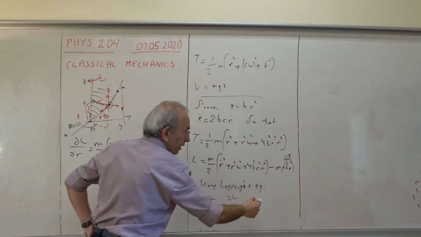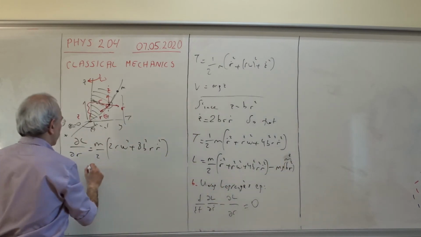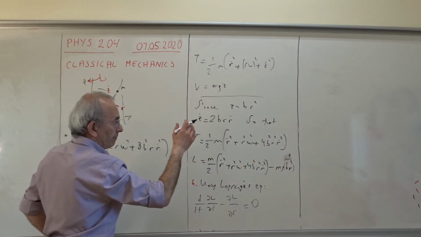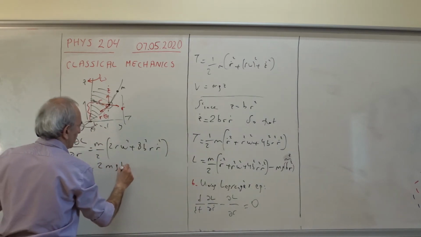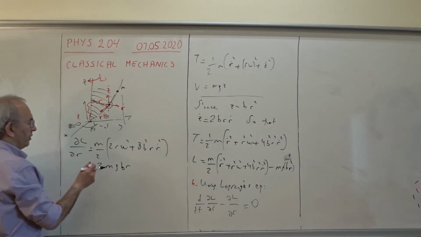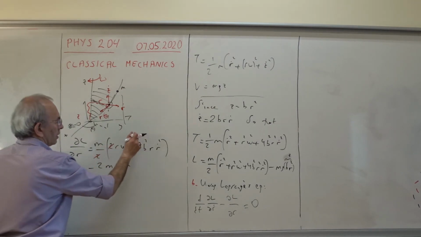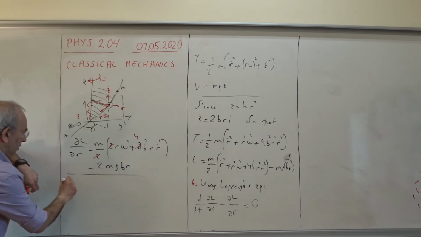In the next one we also have b r squared, so minus twice mg b r. So only the 2's will cancel. Let me rewrite it.